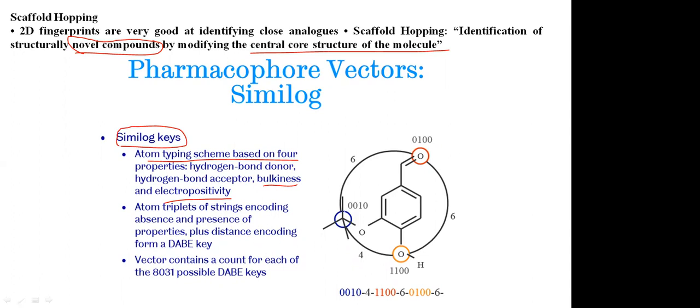DAP keys are nothing but bit strings, bit scores combined to define the vectors, and that is termed as Smilogs. So this is the Smilog key for the compound displayed here.